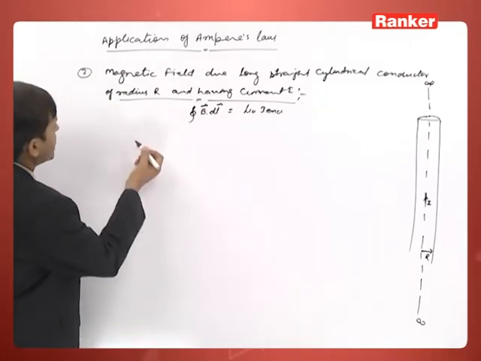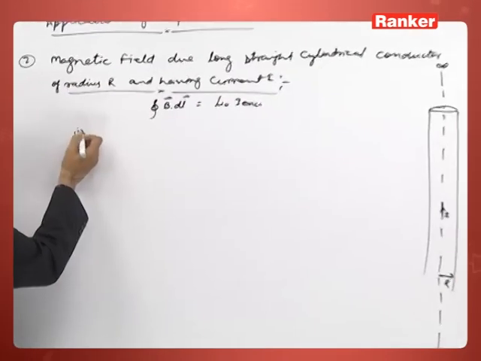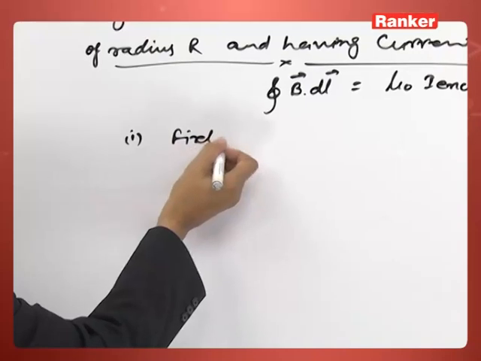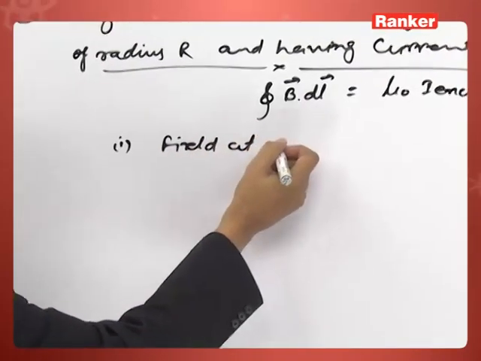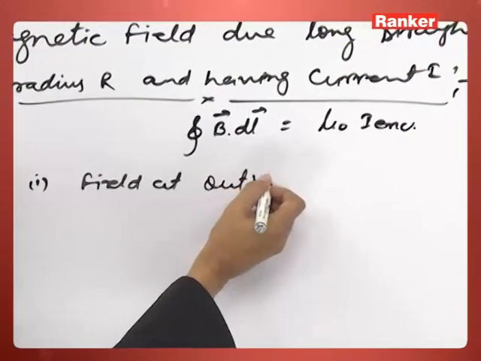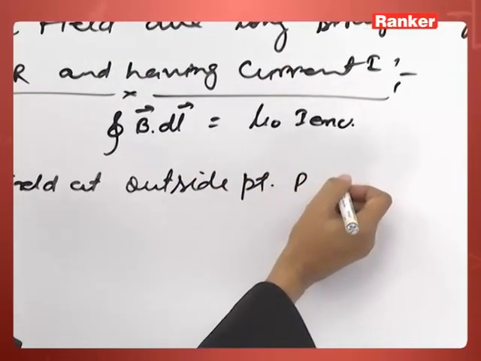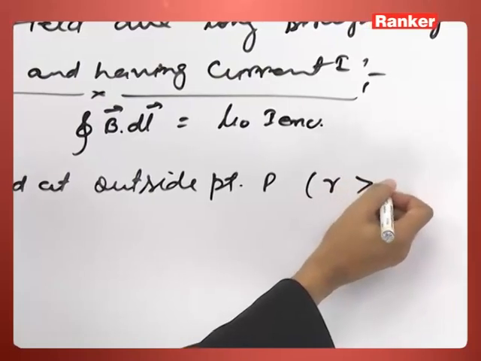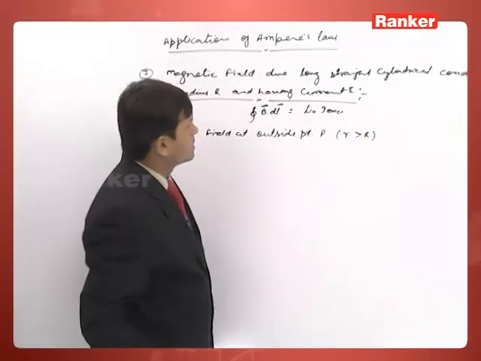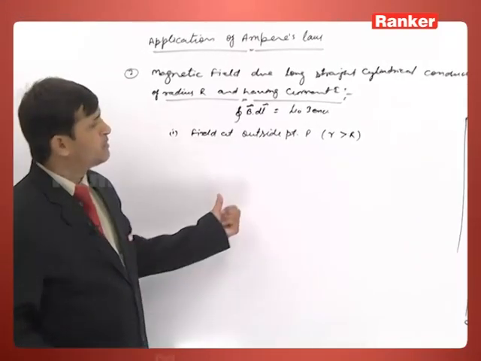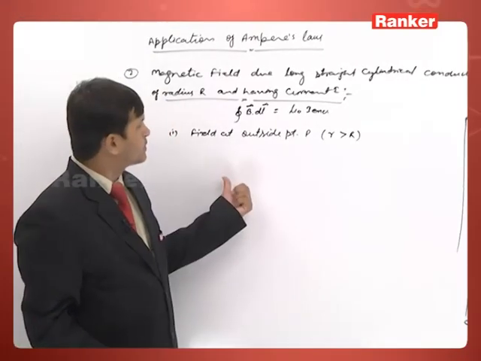First I would like to find the field at an outside point P, that is, small r greater than capital R. Again we will make our Amperian loop.